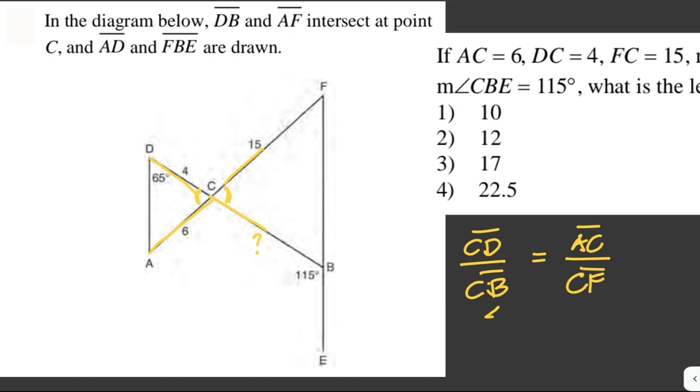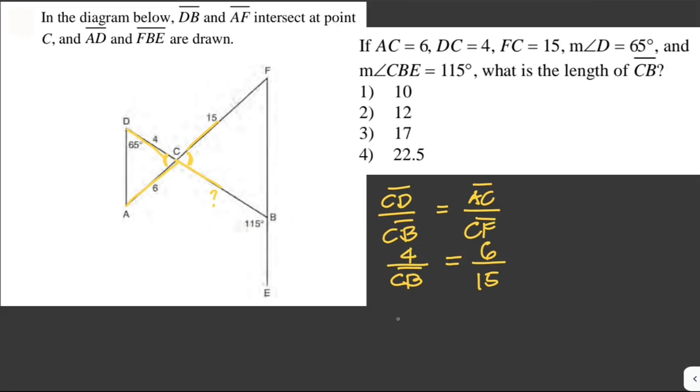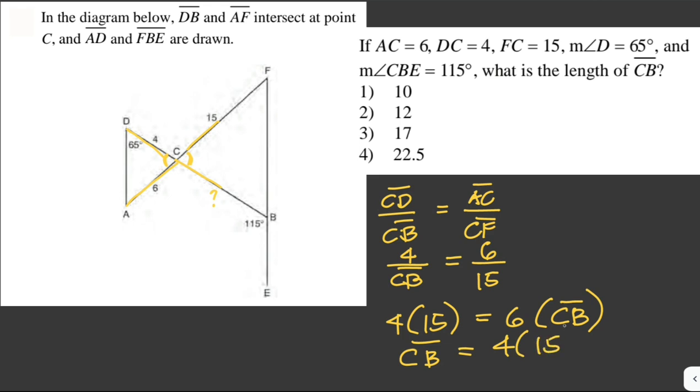So that would be 4 over CB equals 6 over 15. Then we can cross multiply. So that would be 4 times 15 equals 6 times segment CB. Then segment CB is just equal to 4 times 15 over 6, and this is equivalent to 10. So the answer here is number 1.